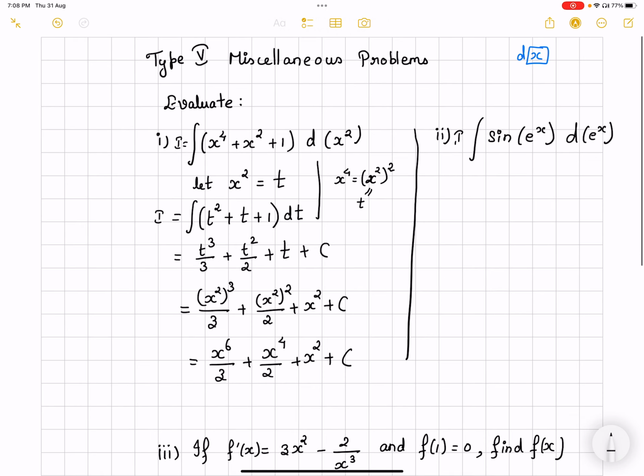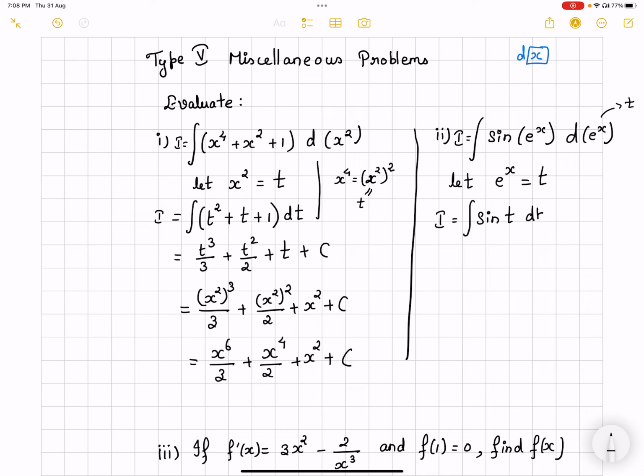Let me consider it as I is equal to. Now my assumption would be, in the place of x, whatever we have, this is going to be my t. So e to the power x is equal to t. Then my I would be changed in the form of t. I would be having the integral of sine t dt. Now we would be able to integrate it.